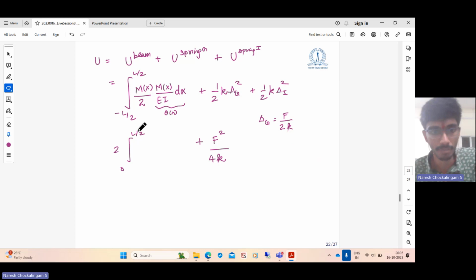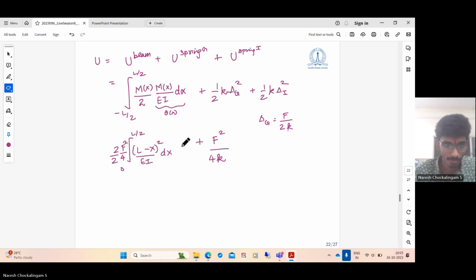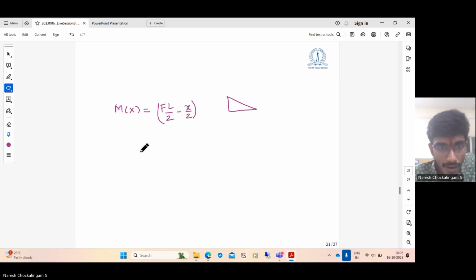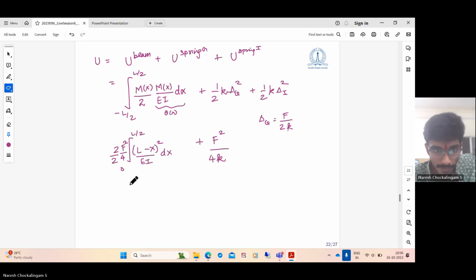F can be taken out. F by 2 can be taken out. So we have a 1 by 2 here. F squared by 4, L minus x the whole square, divided by EI dx. This can be directly integrated. So we get, we can take F squared by 4 commonly out.